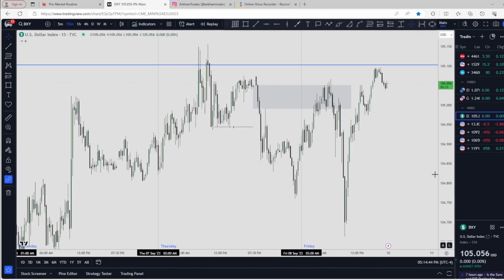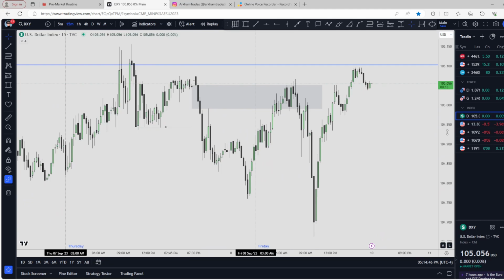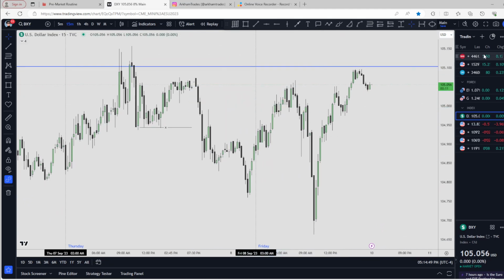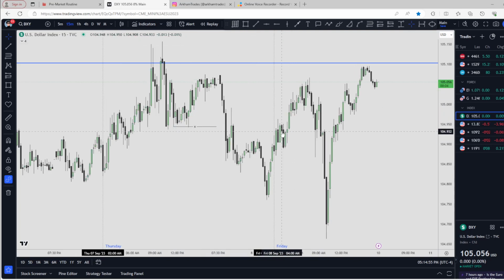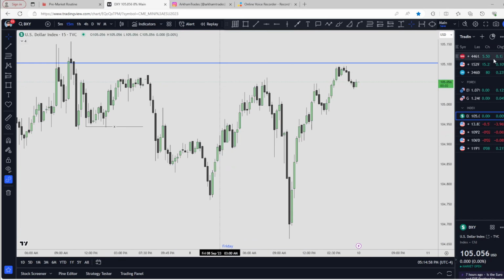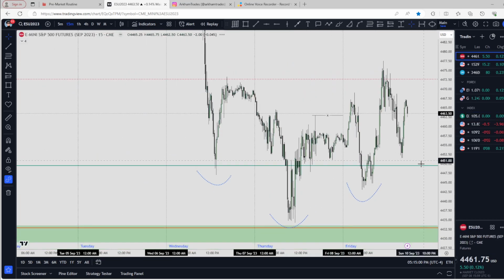So once again, using other markets to form a bias on my market, even though I don't trade dollar, and I can't trade dollar because it's not a future, I can still use it to my advantage to predict where ES is going to go.